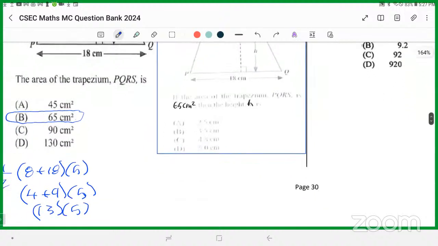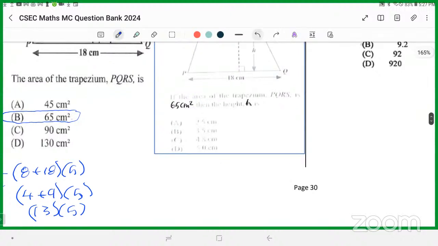You're equating the area to 65 now. So half the sum of the parallel sides, which is the 8 and the 18, times the height that you don't know, is equal to 65. You're trying to find the h from this.